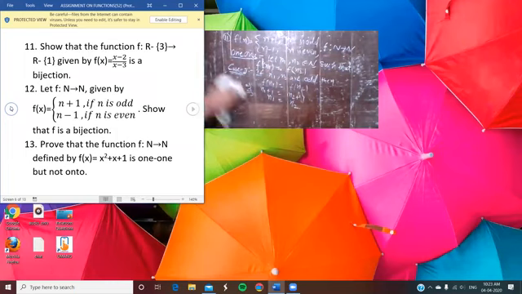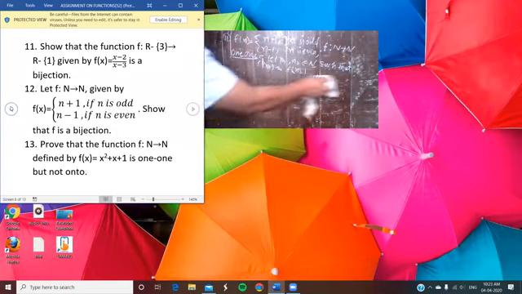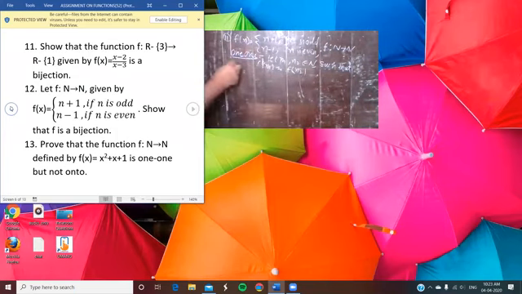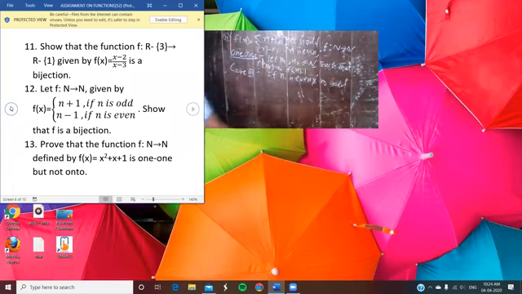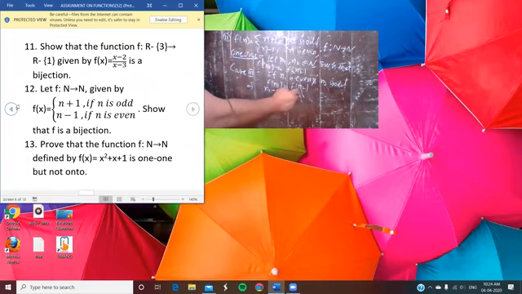Now in the third case, if n1 is even and n2 is odd, f(n1) is equal to f(n2) implies, for n1 you find its value from n minus 1, so you write n1 minus 1 is equal to, n2 being odd, n2 plus 1.